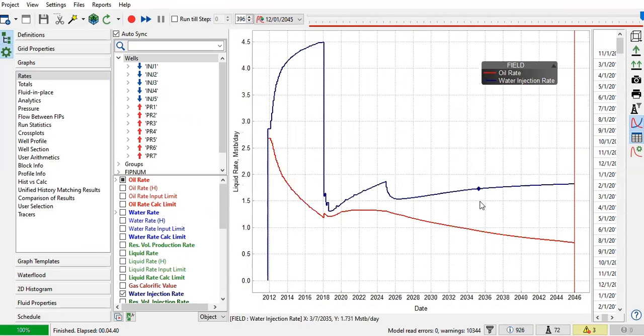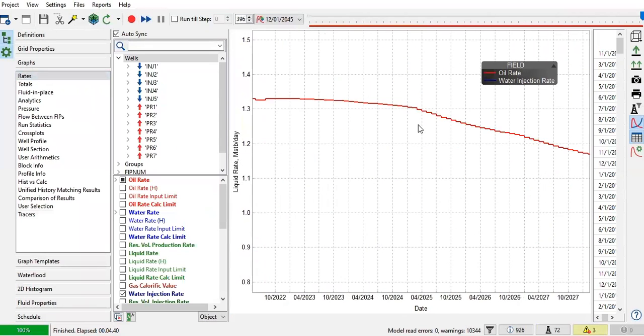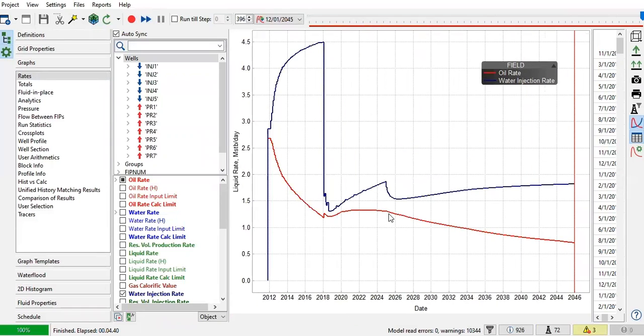But in December 2024, the production increase is not significant, but you can see the decline is not very low. So we actually basically, you can check it, we improve the decline. We decrease the decline rate. Maybe that's because the effect of the polymer. You need to make sure of that.